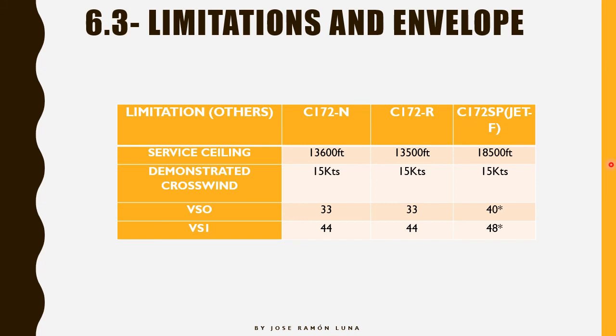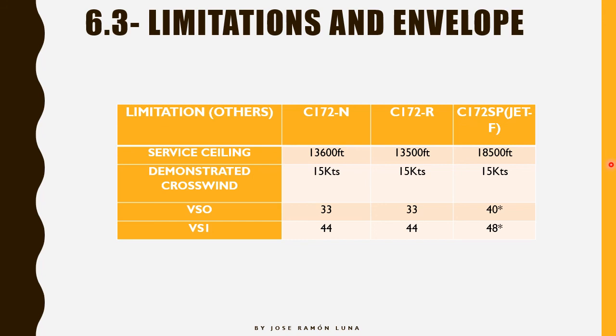The demonstrated crosswind is the maximum crosswind Cessna subjected the aircraft to during their test flights, but that doesn't mean it is a limitation. The limitation is set by your company or your flight office or whatever. However, if the flight engineers at Cessna didn't fly the Cessna in more than 15 knots, why should you? That's basically the point right there.